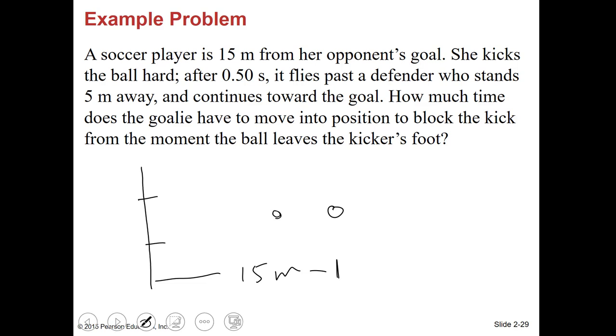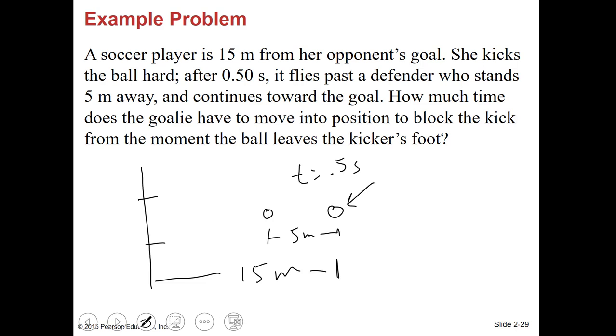So that takes 0.5 seconds, and this distance was 5 meters. Okay, so the player is here, kicks the ball. It takes a half a second to go 5 meters.